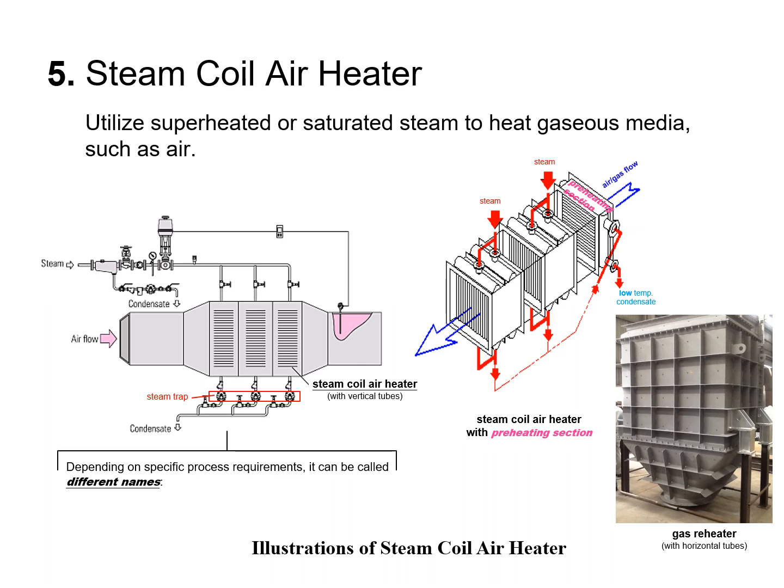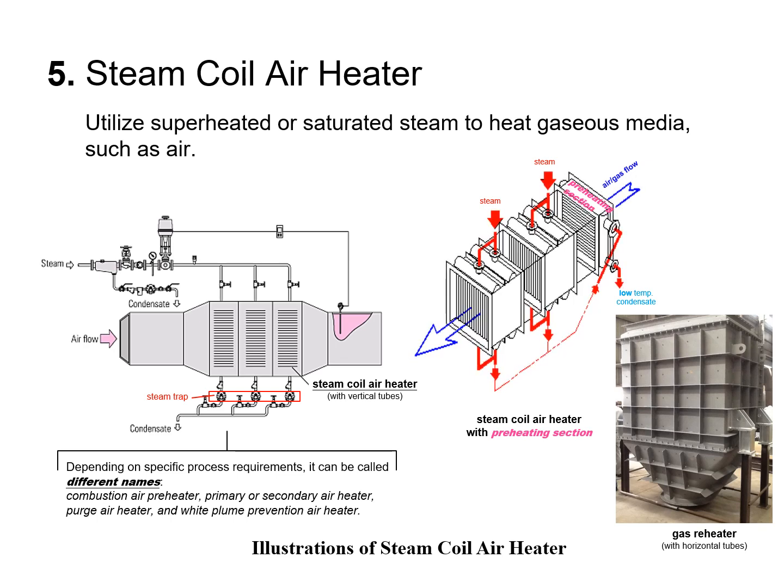These types of steam coil air heaters are called different names depending on specific process requirements, like combustion air preheater, primary or secondary air heater, purge air heater, and white-plume prevention air heater. Now, on the right-hand side, you will find two different designs.